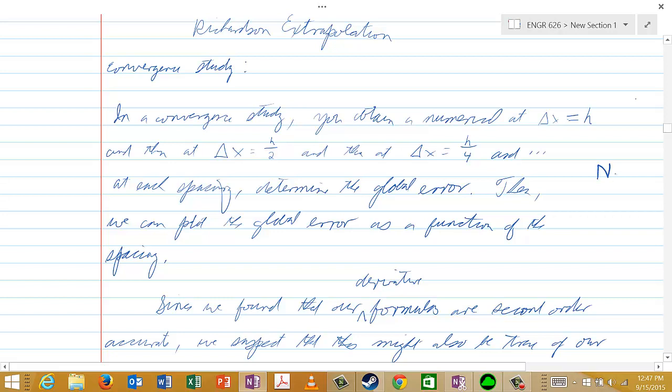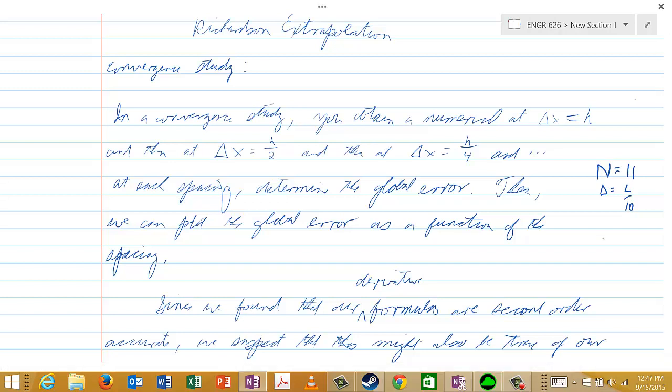Suppose you do a first solution with n equals 11. Now, since delta is equal to L over n minus 1, delta in that case would be equal to L over 10. Now, if you want to halve that delta, what should be your next value of n?